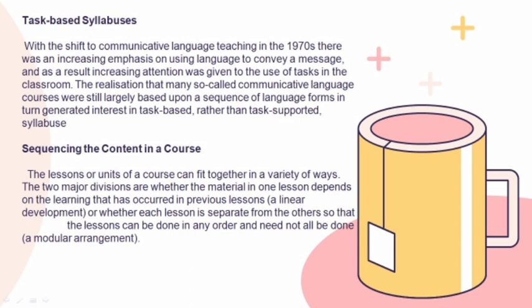The next, sequencing the content in a course. The lessons or units of a course can fit together in a variety of ways. The two major divisions are whether the material in one lesson depends on the learning that has occurred in previous lessons, or whether each lesson is separate from the others so that the lessons can be done in any order and need not all be done.